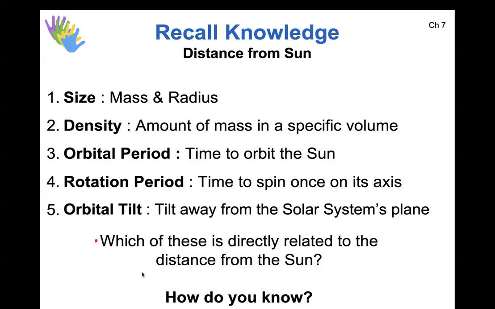Can someone tell me? Is it size, density, orbital period, rotational period, or orbital tilt?